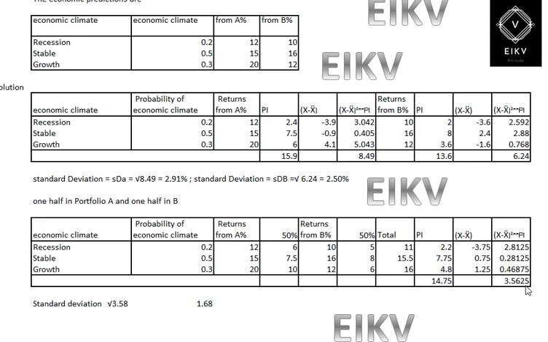When we take the total it would be 3.56. After computing 3.56, which is the variance, we need to take the root for the computation of risk or standard deviation. That is, root of 3.56 will become 1.89 as the risk.